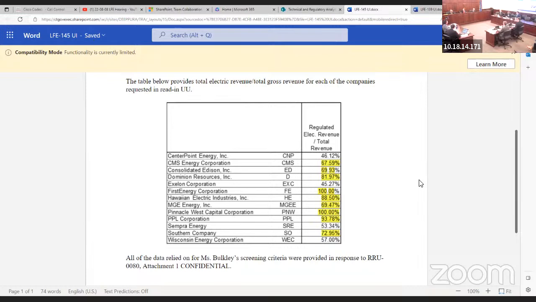Okay. So, and it's always 70%? For the electric companies, I believe that's true. I would have to go back and look. There are circumstances where other screens, as I was saying, are stronger indicators of the risk profile associated with those companies.